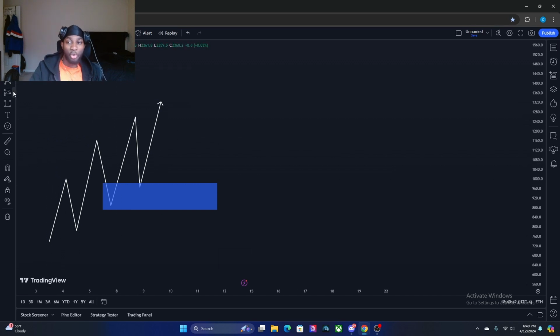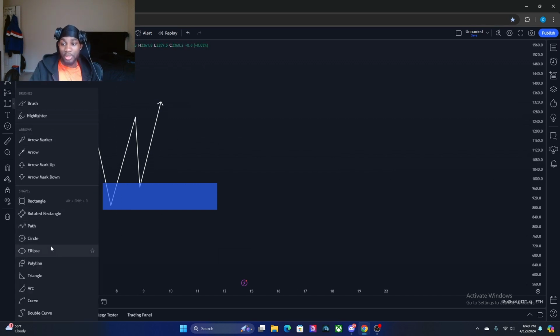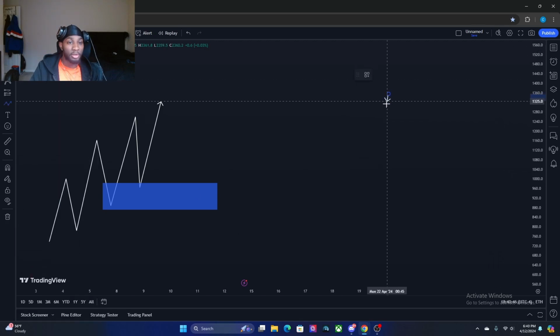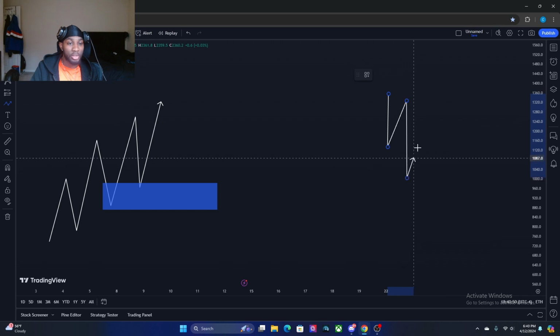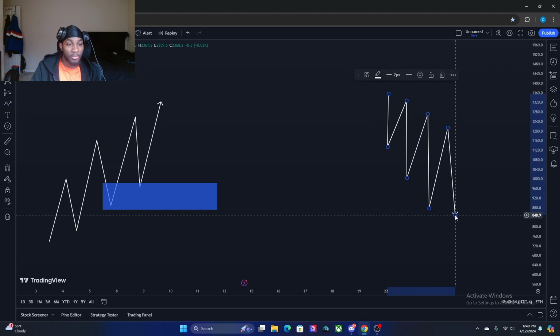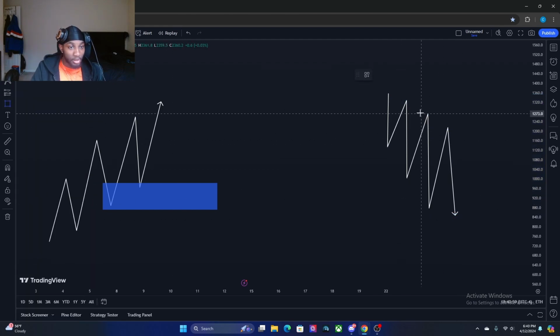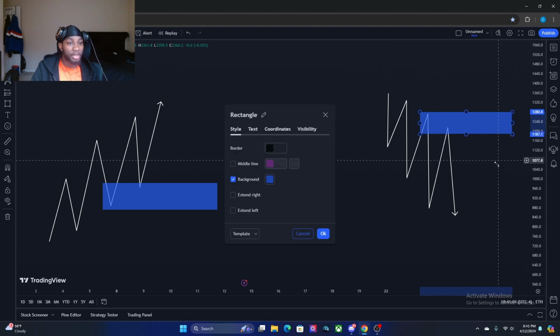Let me go over what a downtrend looks like. In a downtrend, you have lows, highs, lows, highs, lows, highs, and lows. As far as supply, your supply setup will be right here.